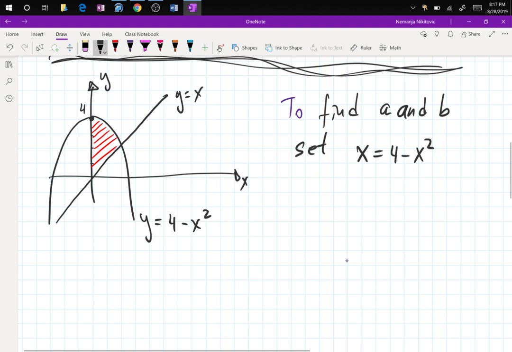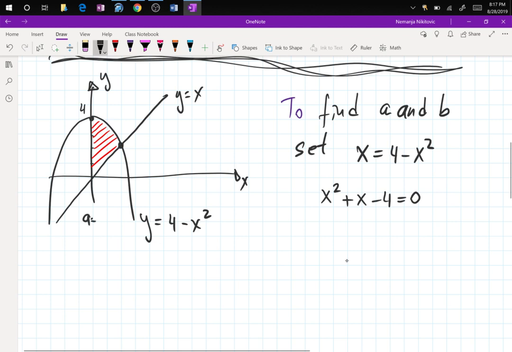Now, this is going to be x squared plus x minus 4 equal to 0, to put this in the form of a quadratic polynomial that I can work with. Since this is not factorable, we are going to use the quadratic formula to find the intersection point.